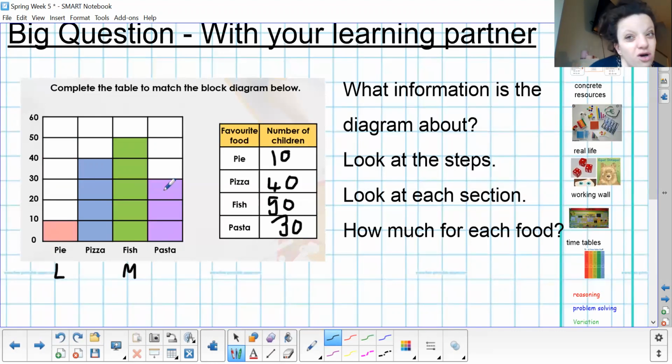Right, now block diagrams are really easy for the how many more question. So if we look at pizza, and we want to see how many more people liked fish than pizza, we could do it our way of our block diagram.